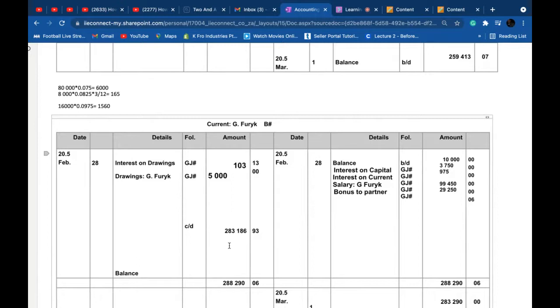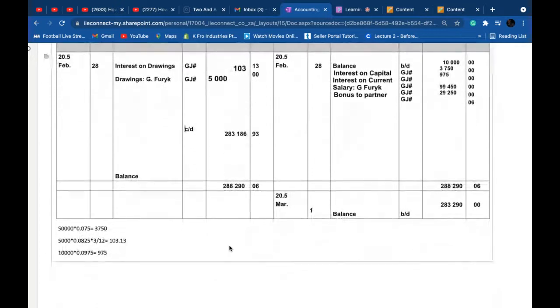We split the profits. Okay? And that's also what we need to do here. If you look at point 7, it says the remaining profits must be split between the partners in the following ratios. Remember, we pay out the profits to the current account. We reward them in the current account and penalize them there as well.